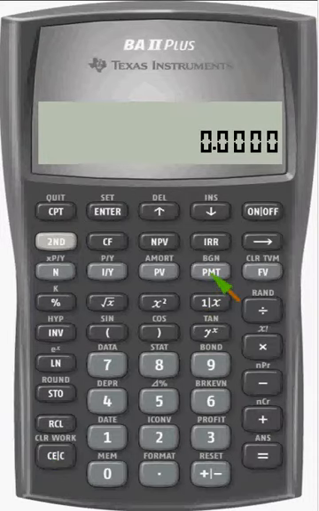Next, I want to show you how to change the setting for annuities. If you read the review notes, you know there are two types of annuities: ordinary annuity and annuity due. The difference between them is when the first payment occurs. If the first payment occurs at the beginning of the first period, the annuity is an annuity due.